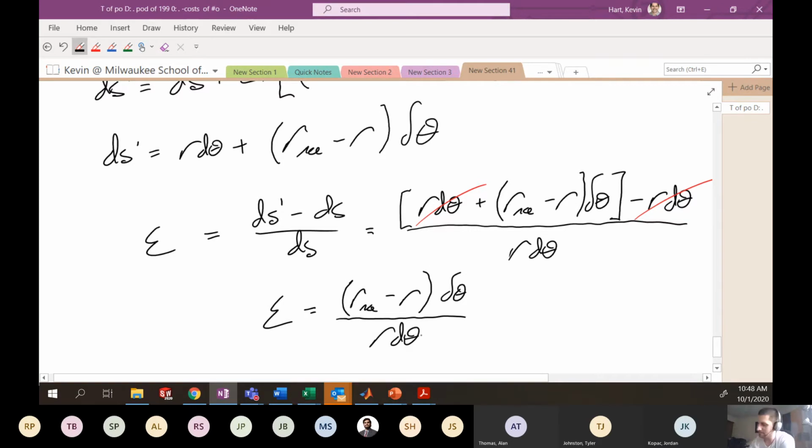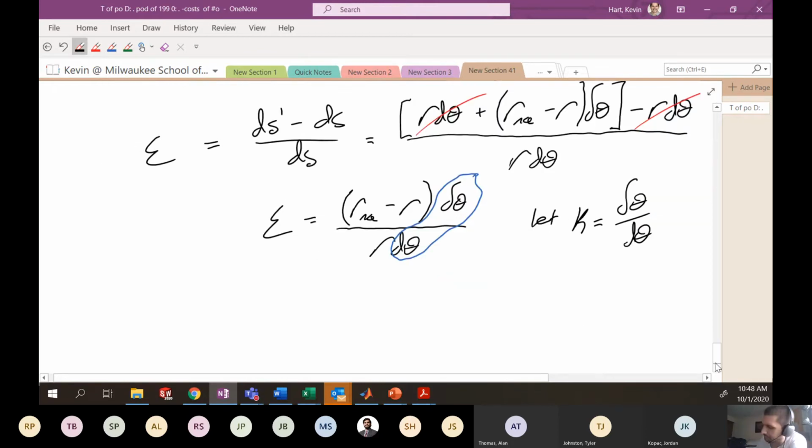Let's replace this strange looking delta theta on d theta with a constant for now. We'll let k equal delta theta on d theta, and we'll come back to that later. And so we'll say then that the strain is k times RNA minus r on r.